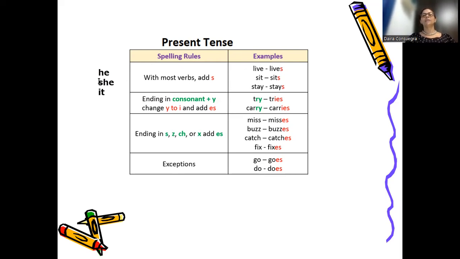For example, I say, he lives in Panama. He lives in Panama. Okay, why does the verb lives have an S? It has an S because the rule says that most of the verbs add S when you talk about the third person singular, which is he, she, or it.